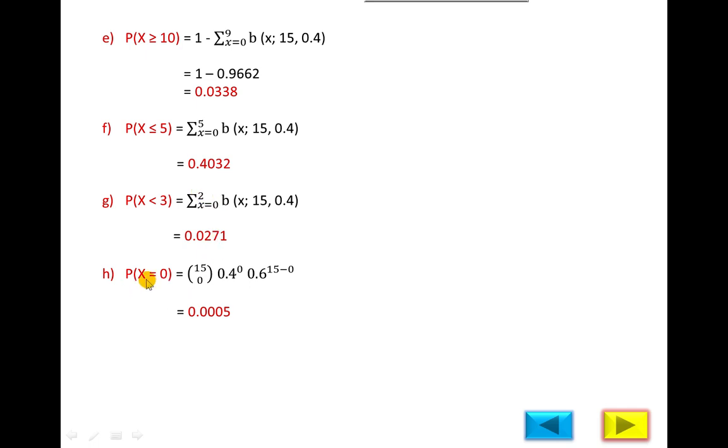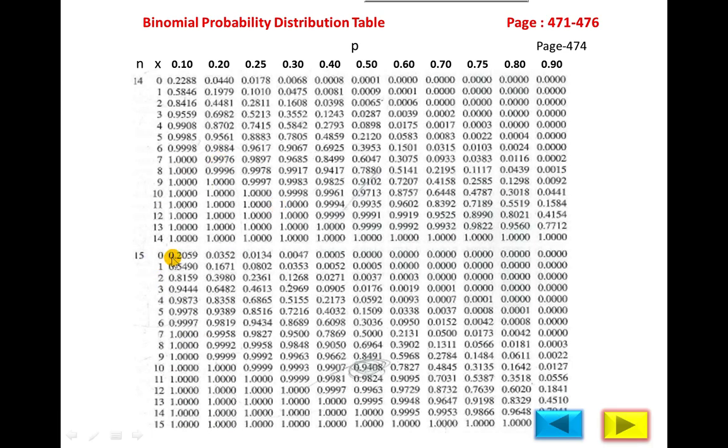For X equal to 0, the value is 0.0005. Write this directly because this is the minimum, starting value.